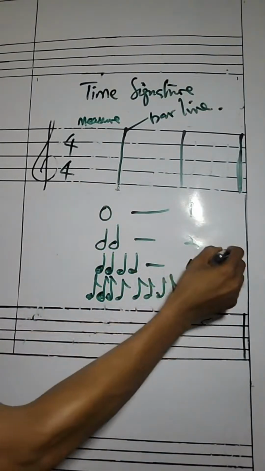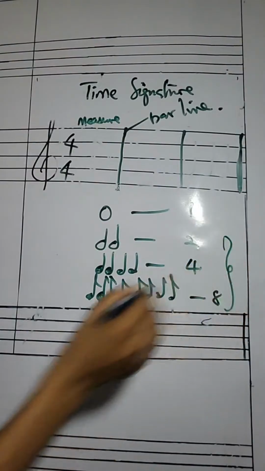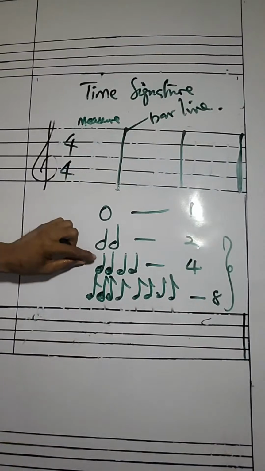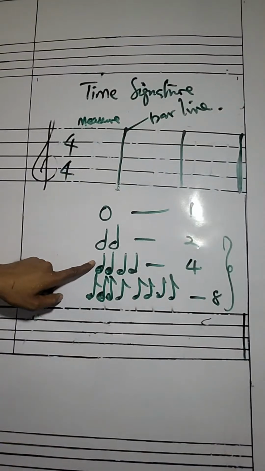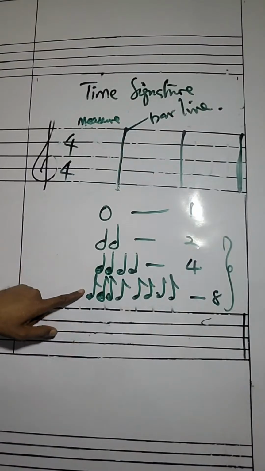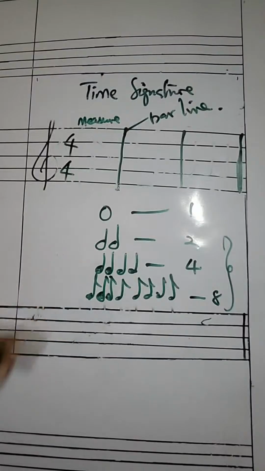Basically, we have these 3 notes that are basic fundamentals for you to know. You need to know them because we have a quarter note time signature, an eighth note time signature, and we also have a minim time signature.